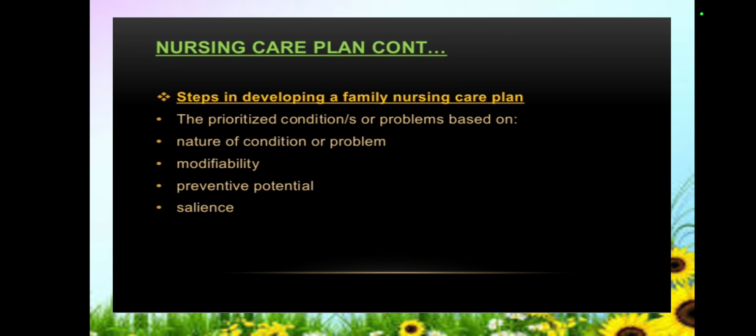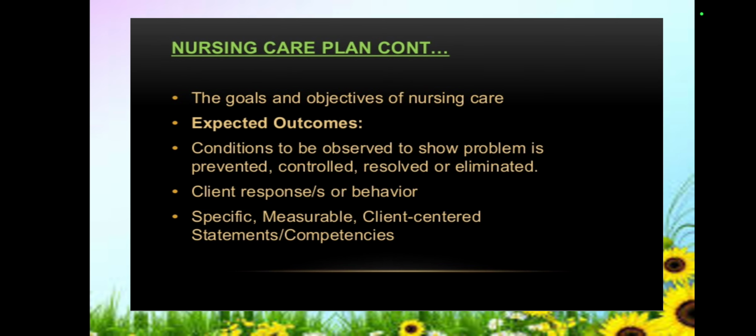Okay. So, steps in developing nursing care plan. First is the prioritization of the problem. So, it should be based on the nature of condition or problem, modifiability, preventive potentials, and salience. Okay. So, the nursing care plan has goals and objectives.